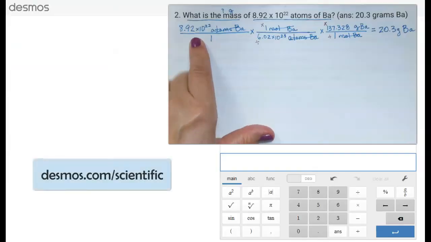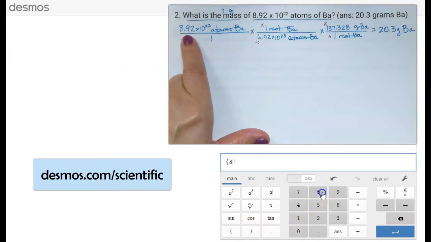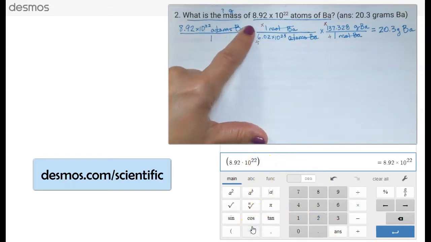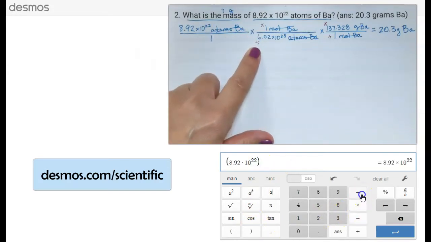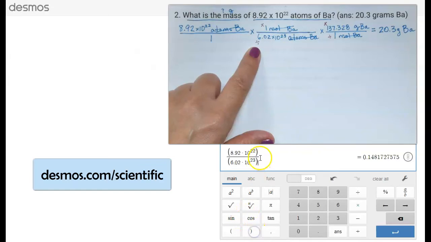If you want to go to desmos.com/scientific, then to type it into that calculator, we would open parentheses, type in 8.92 times 10 raised to the 22, tab over to close the parenthesis, and then, because that's at the bottom, I would hit divided by, open parentheses 6.02 times 10 raised to the 23rd, tab over to here to close the parenthesis.